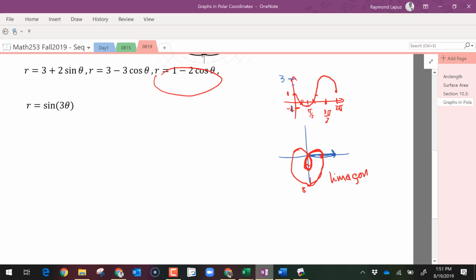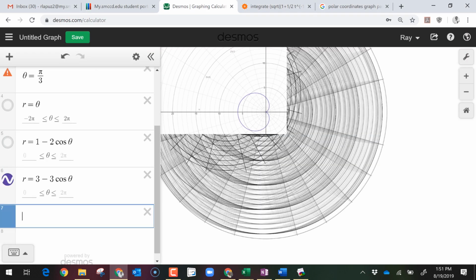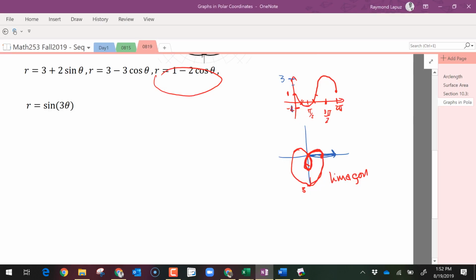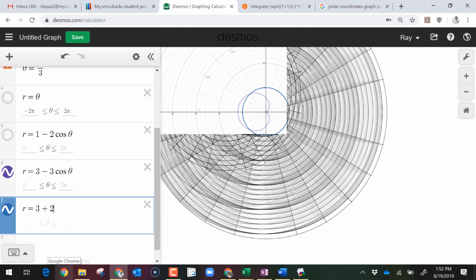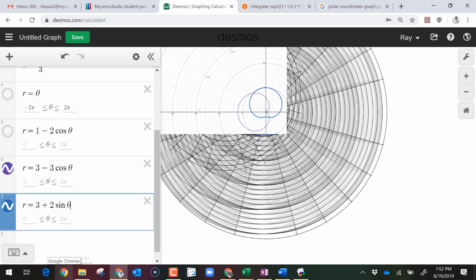It was 3 minus 2 sine theta. Which one? 3 plus 2 sine theta. So it's another cardioid shape, but it doesn't go all the way up to make that really sharp cusp at the origin. Okay, so I suggest that you play around with these types of polar coordinates.